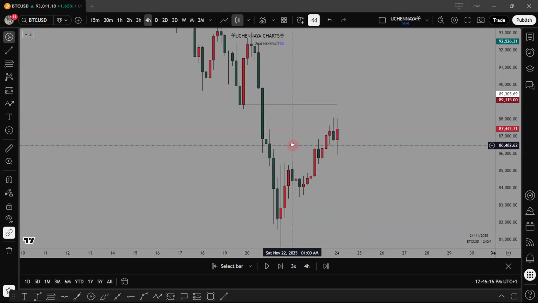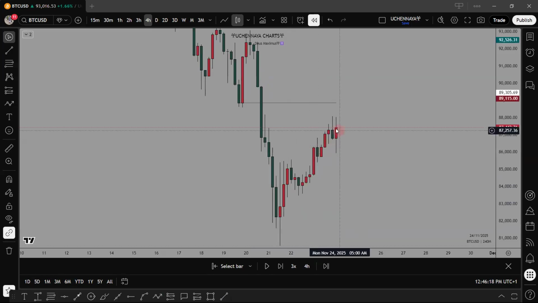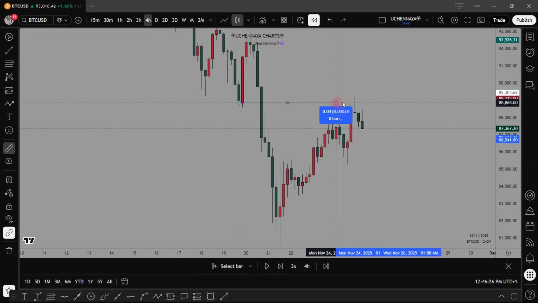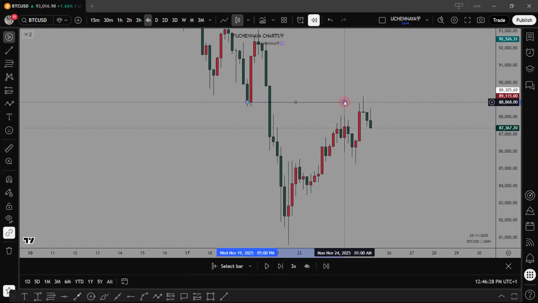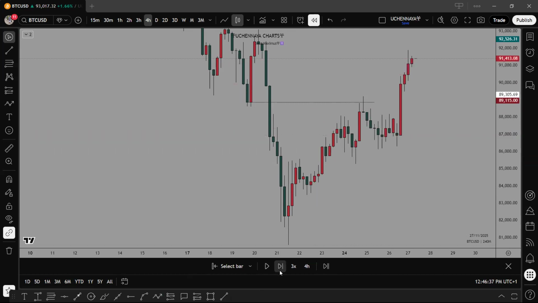And now price is retesting back to that level to reclaim it. This is price reclaiming that level. And what did it do after it reclaimed it? It dumped into this level, right?